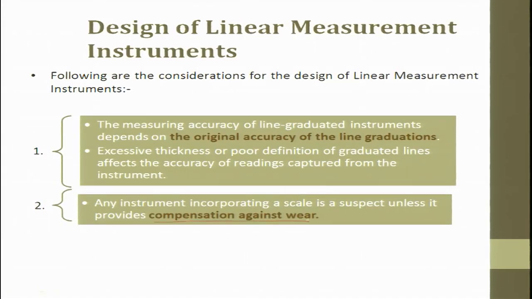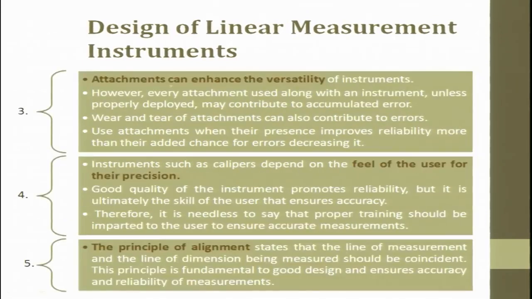I told you it has to have good wear resistance. The attachment can enhance the versatility, which means you can add on modules so that you can do many more different measurements. However, every attachment used along with an instrument, unless properly deployed, may contribute to accumulated error.